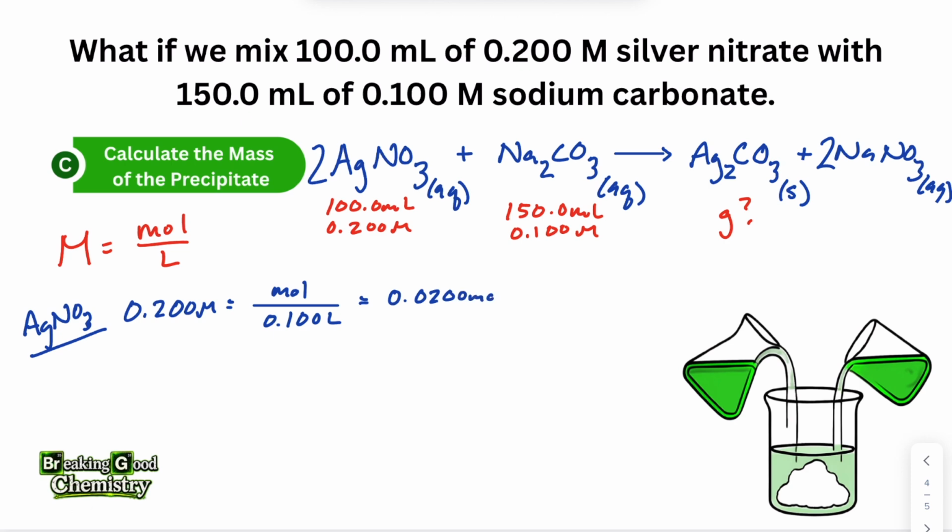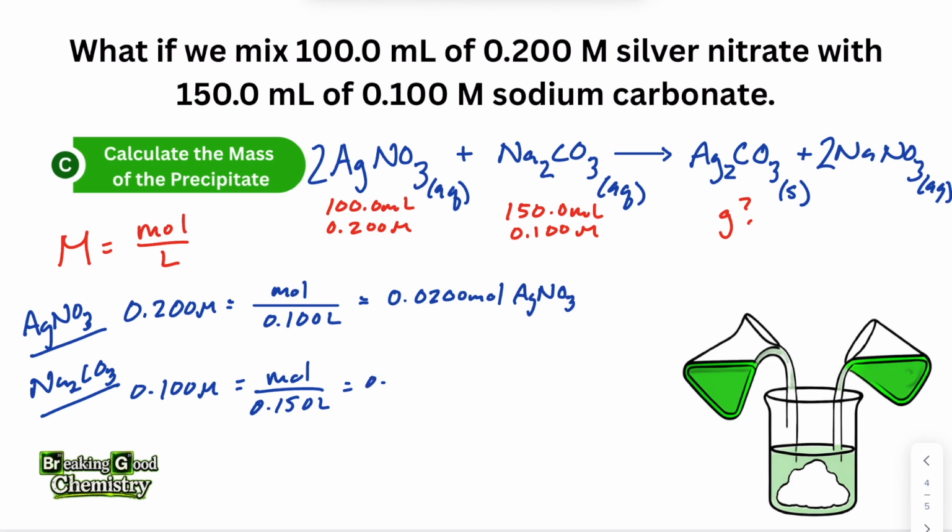I'm trying to keep some sig figs here. So that's of AgNO3. Okay. And then if I talk about the sodium carbonate that's brought to the table, I have 0.1 molar, and that's moles, and then I have 150 milliliters of it. So that's 0.0150 moles of Na2CO3.